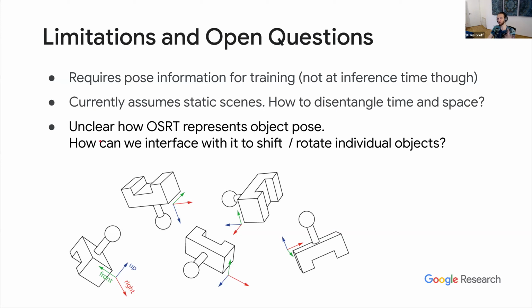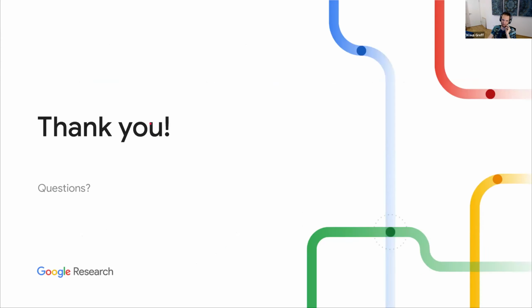So we can remove and add objects, but is there a pose where we can rotate, shift individual objects to do some physical reasoning, to do some interaction, and to reason about these things? That is not clear at the moment. Okay, and I think with this I'll end and open for questions.